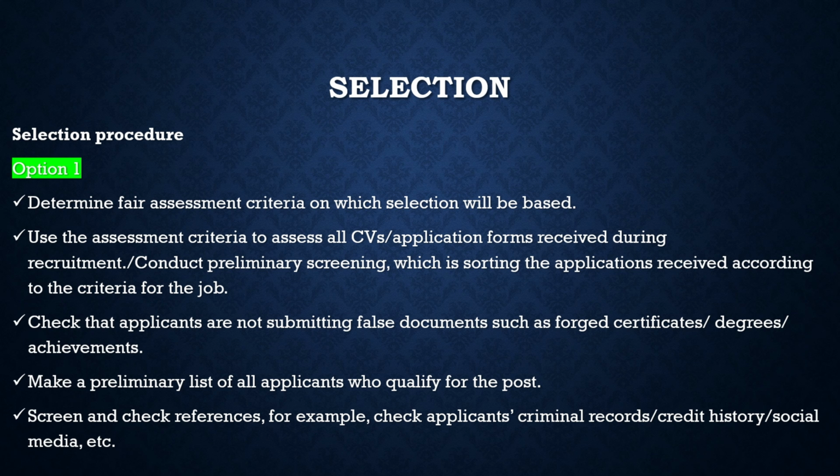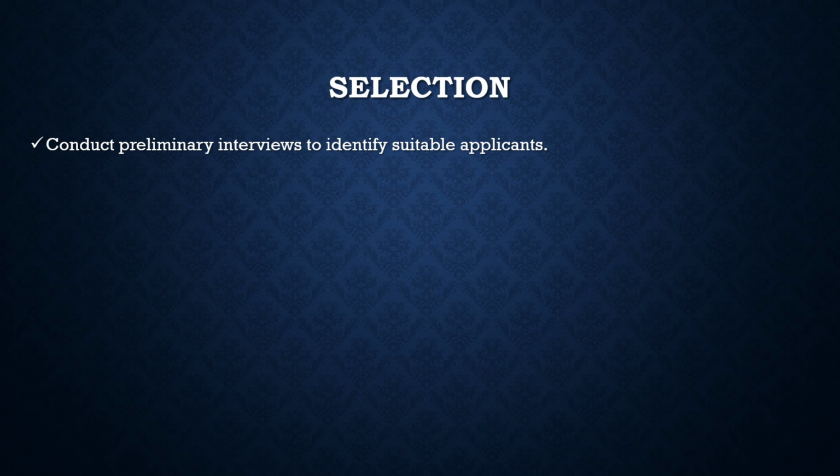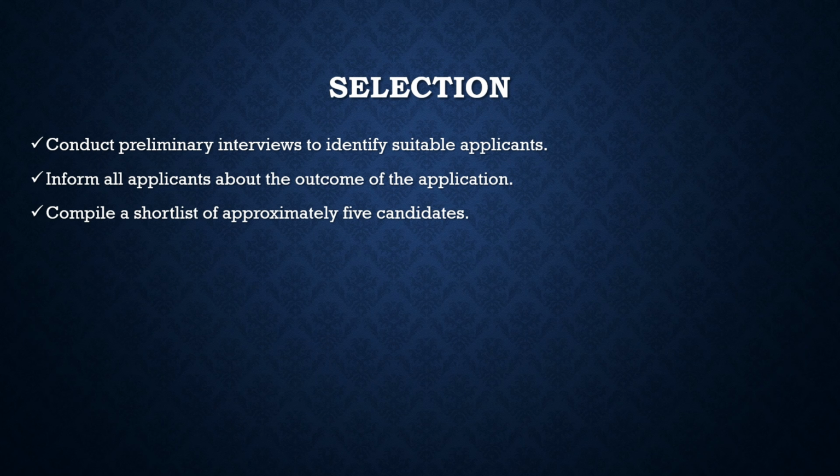It screens and checks references, for example, checking applicants' criminal records, credit history, and social media. So you must be careful on social media. Things you post can actually affect the job or your profession. It conducts preliminary interviews to identify suitable applicants, and informs all applicants about the outcome of the application.